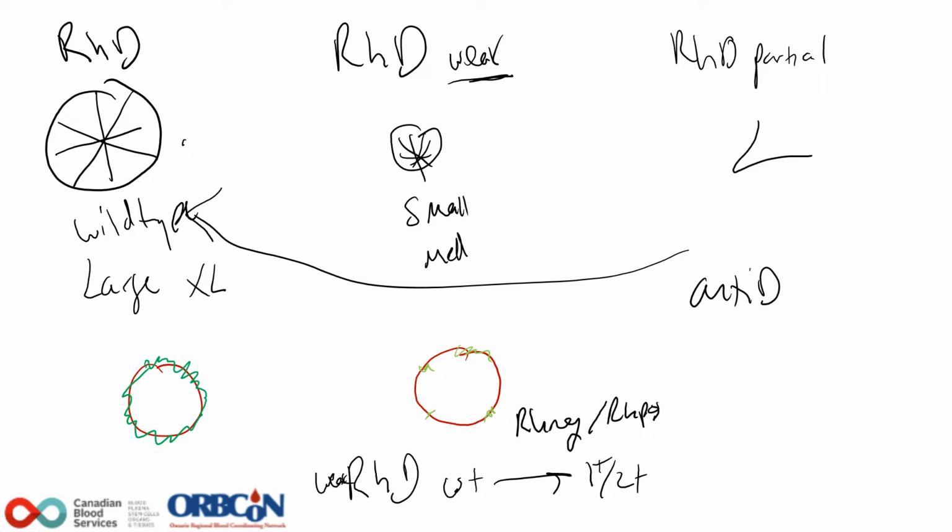Sometimes you've got multiple pieces missing, sometimes one piece, sometimes you've got only half a pizza, and the variants will all change the protein expression. But as a result, for the most part, the partial RHDs are viewed as different from the wild type RHD, which means that they make anti-D.